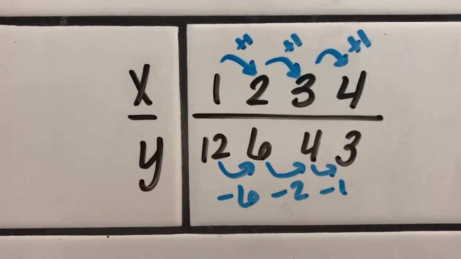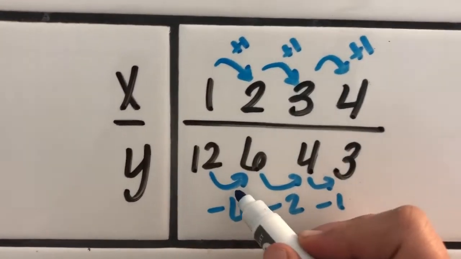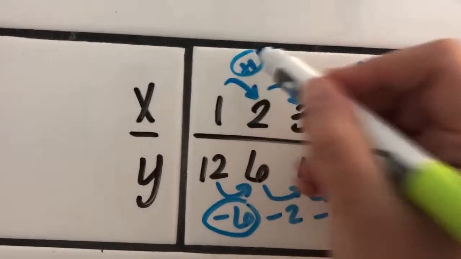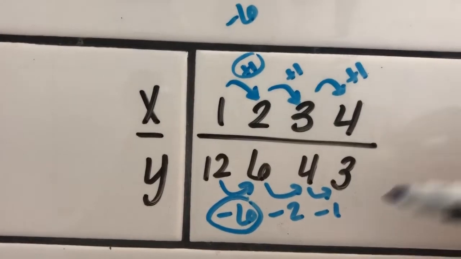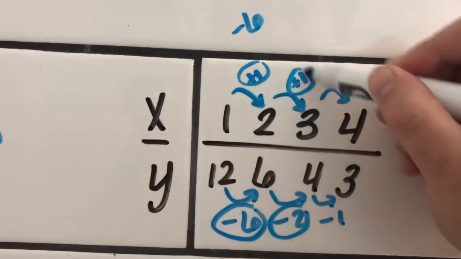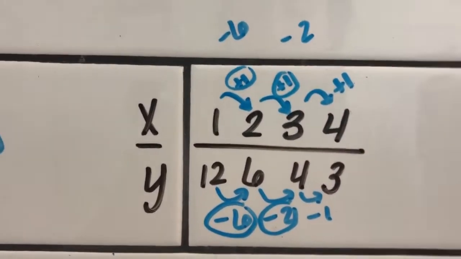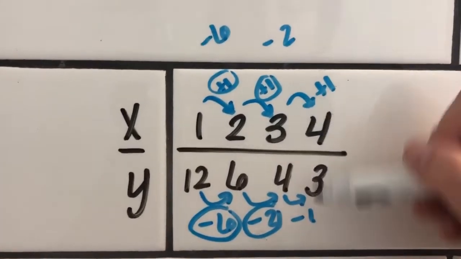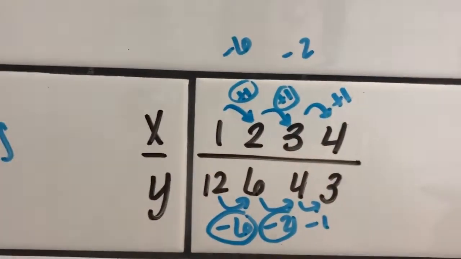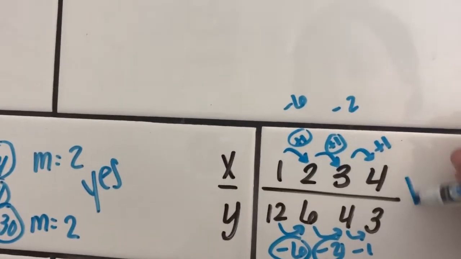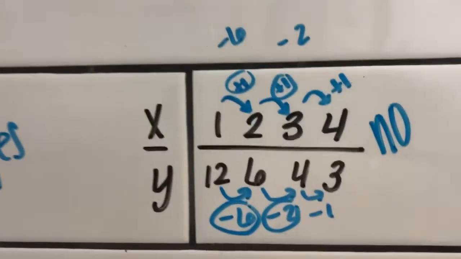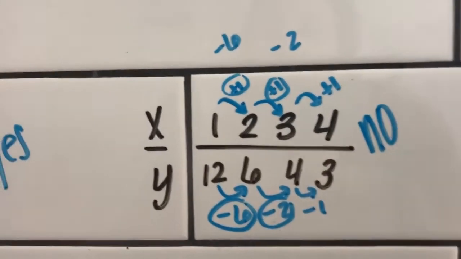So if I'm looking at the change between each of these point sets, -6 divided by 1, those 2 points give me a slope of -6. -2 divided by 1, that's -2. And I don't even need to look at the other set because I already have different slopes. This would not make a straight line. Think about if the slope of your roof was changing, it would not be straight.